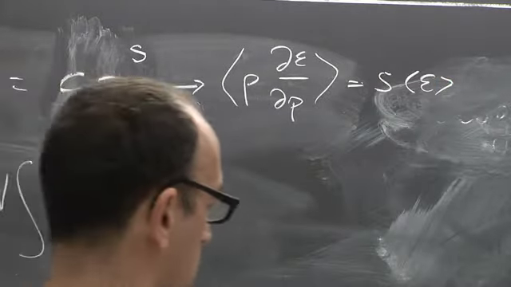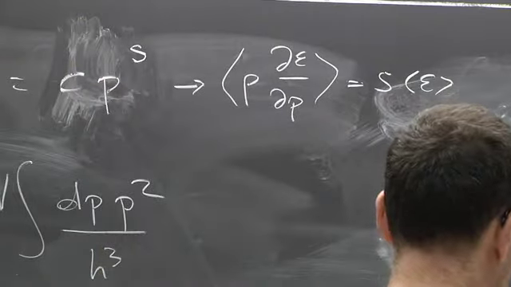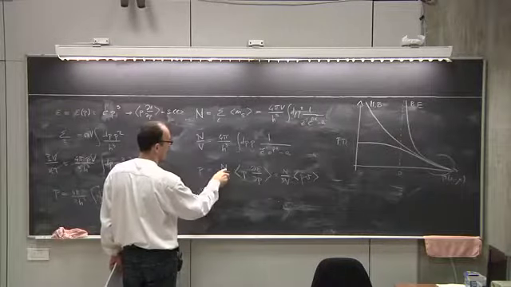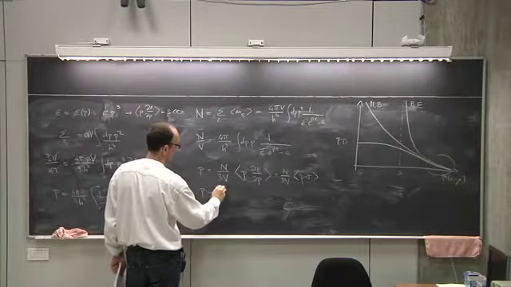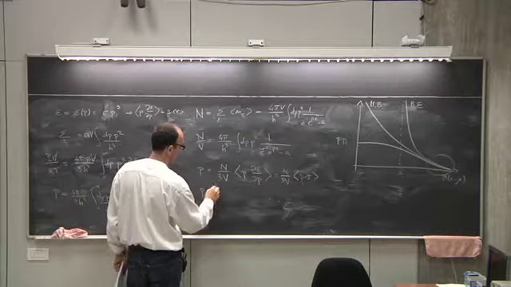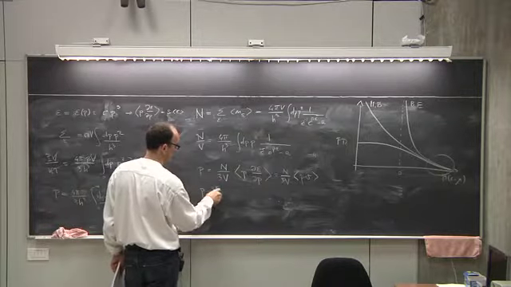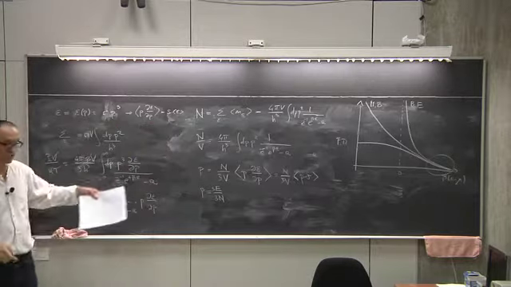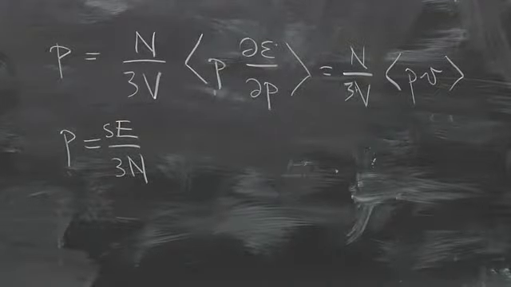And then this equation becomes that P is equal to N times the average energy, which is essentially the energy divided by s, times E divided by 3N. So for s equal to 2, this is the relation between the pressure and the energy for non-relativistic gases.